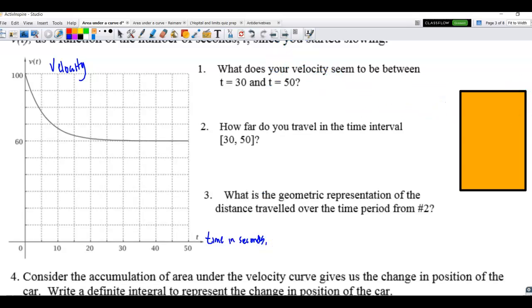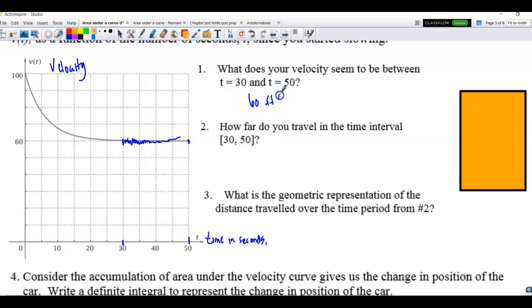By looking at the graph, what does your velocity seem to be between 30 and 50 seconds? So here's 30 right here, and here's 50 right here. From 30 to 50 seconds, it seems like our velocity is staying at 60 feet per second.